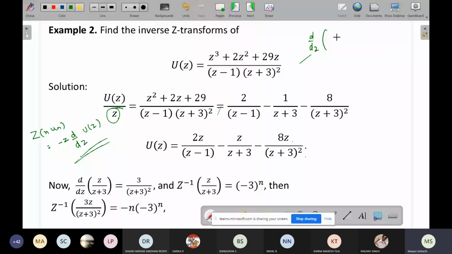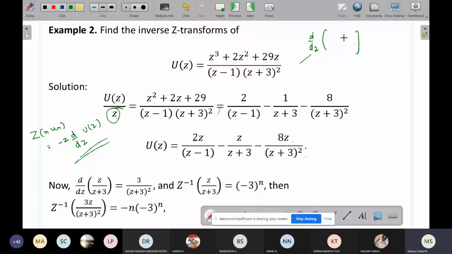So take the differentiation of this. Differentiation of this means, z over z plus 3. Because finally we need this u(n), right?